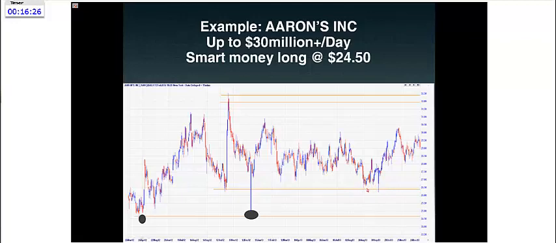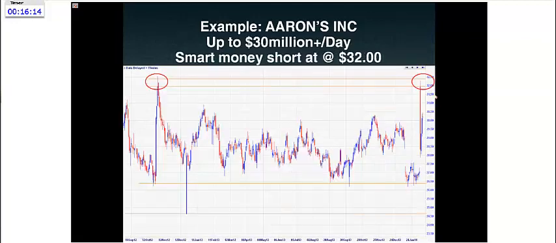And you can see that it comes back here, and again, powerful move. Once again, powerful move. And if we go even further along, it happens one more time, and again goes from 26.50 to 32.